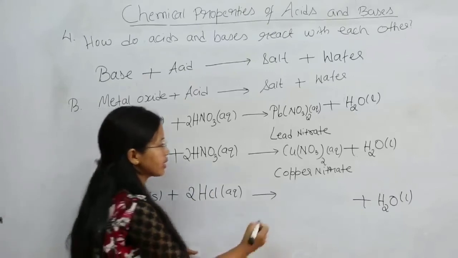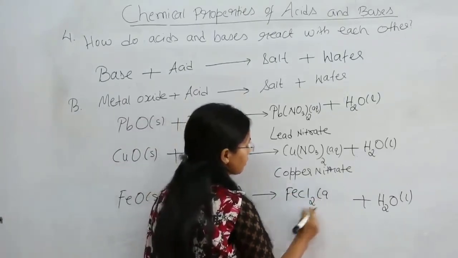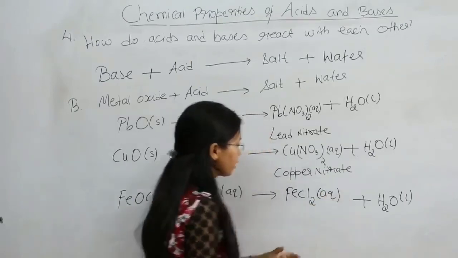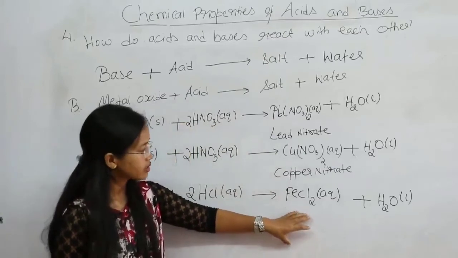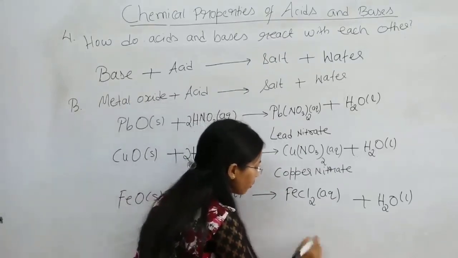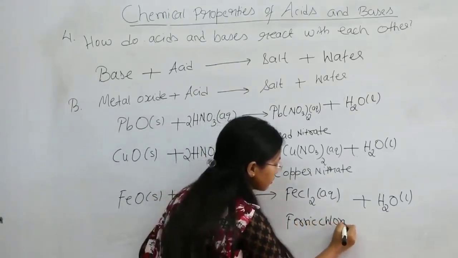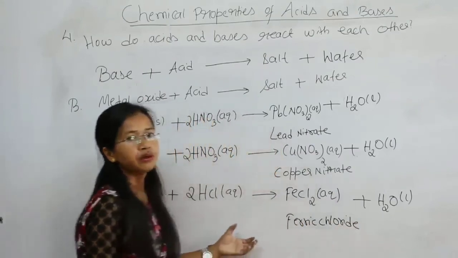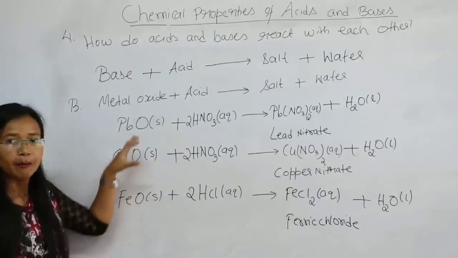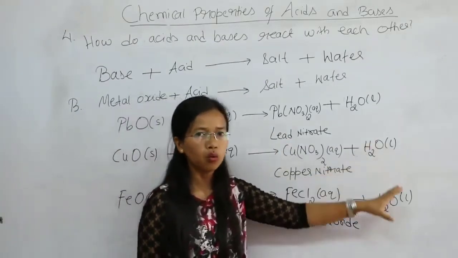So we are left with FeCl2. So this is the salt we get here, it is iron chloride, or we call it ferric chloride. So these are a few of the examples when we react metal oxide with acid, we will get salt and water.